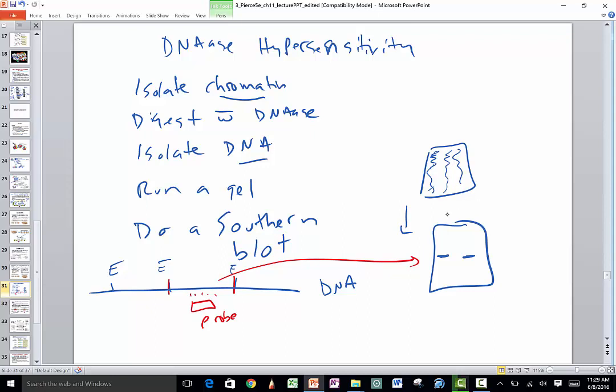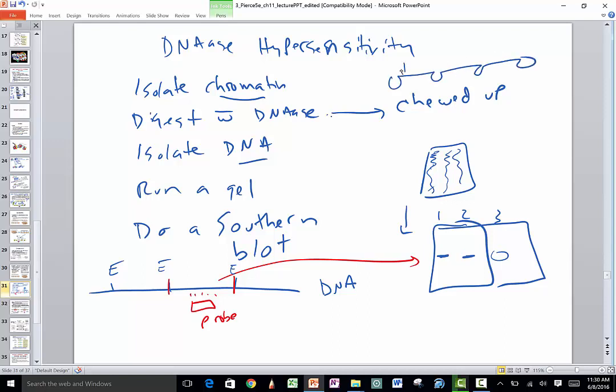That makes sense, right? So let's say we do this experiment, and then we got different samples. And in this sample, no band shows up. That means that at this step, the DNA got chewed up. So the DNase got in there and chopped up the DNA. So then when we did a southern blot, it wasn't there anymore.